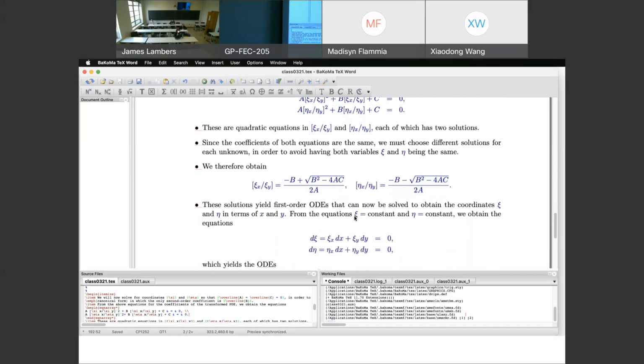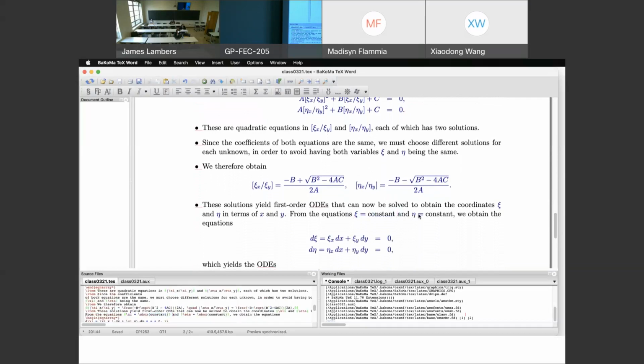So we use these equations, xi equal to an arbitrary constant, and eta equal to an arbitrary constant. You can think of these as coordinate curves in the xi eta plane. Xi being constant, taking the derivative of both sides of this equation leads to d xi equaling 0. But d xi would be equal to xi x dx plus xi y dy by the chain rule again.